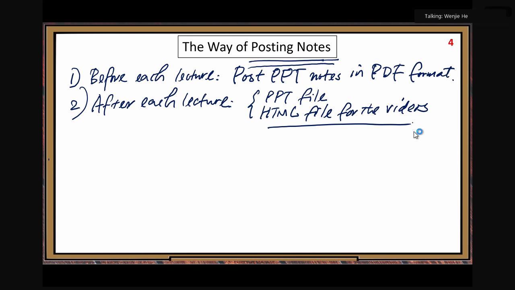So here, let me explain. This semester, I will do this. Before this semester, in the previous few semesters, I just posted the HTML video file directly in Canvas. But there was a big problem last semester. Starting from last semester, Canvas blocked the embedded videos.